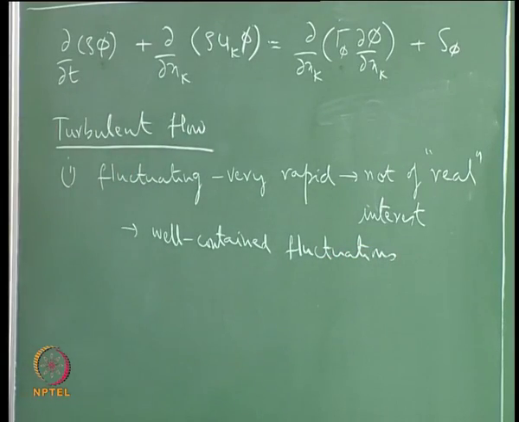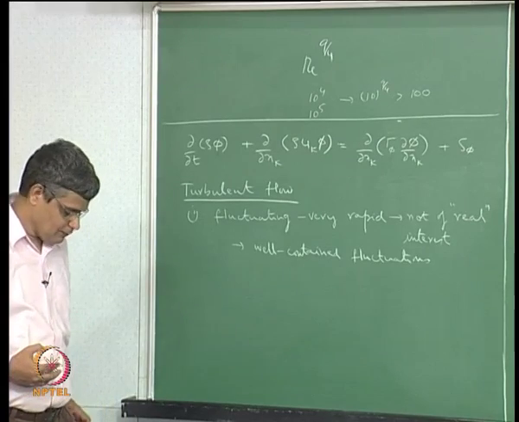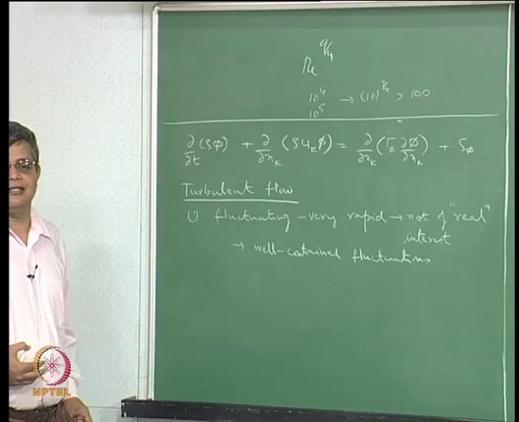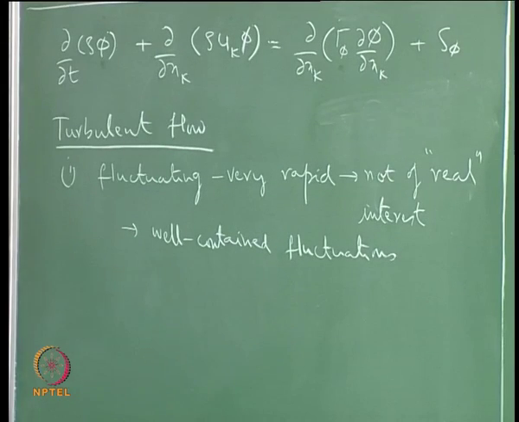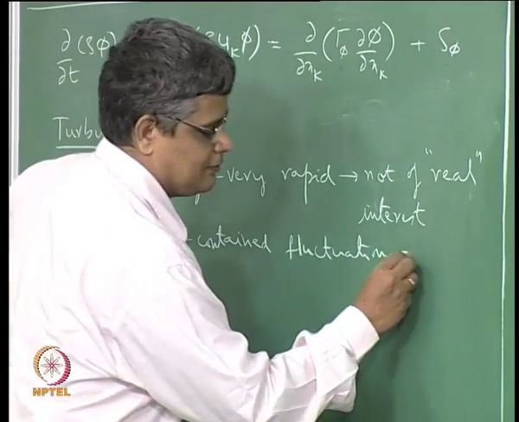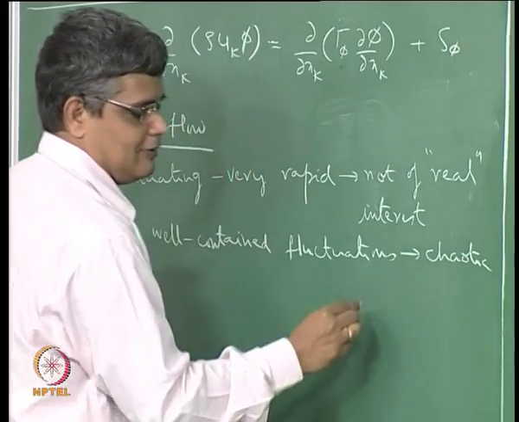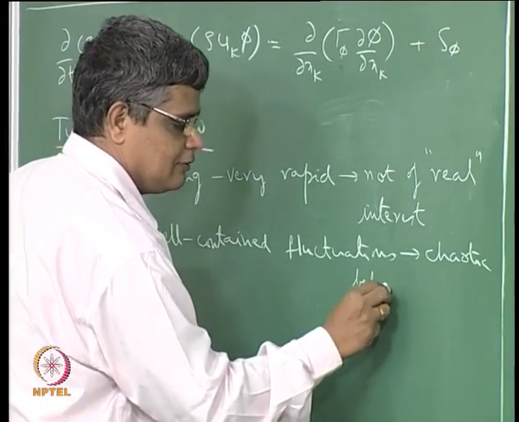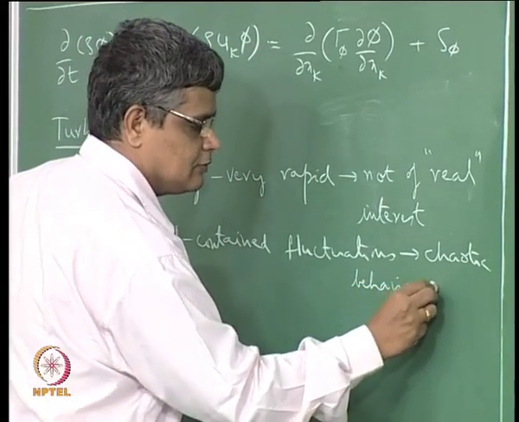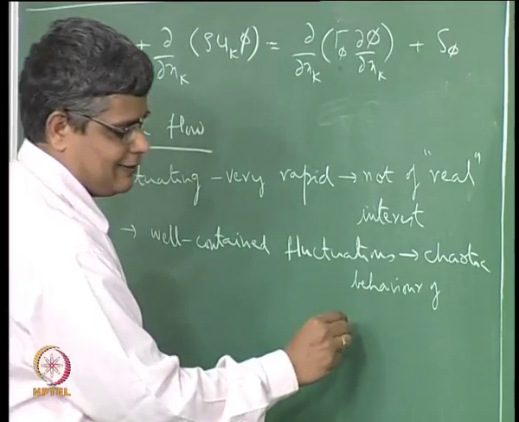Well contained in the sense that although the flow seems to be unstable and so on, it is not an instability which leads to perdition, destruction, but definitely these fluctuations do lead to chaos. Okay, so there is a chaotic behavior of the flow properties.